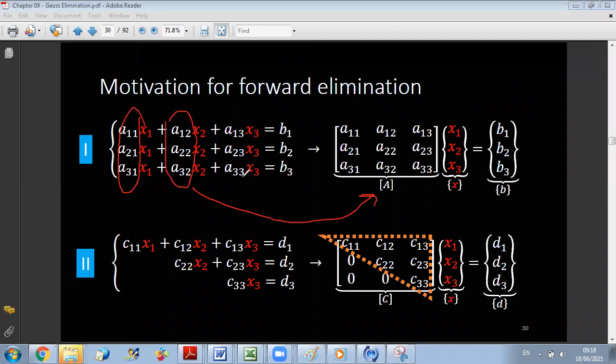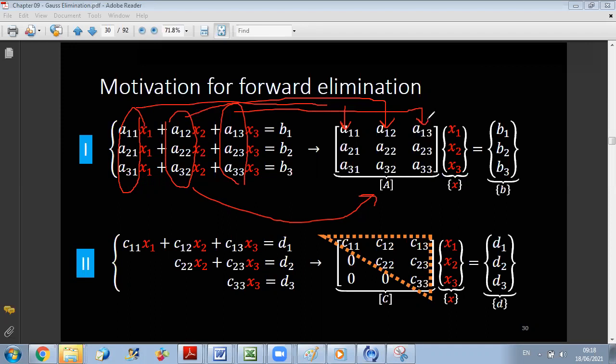The first column represents the coefficients of x1, the second column represents the coefficients of x2, and the third column represents the coefficients of x3.